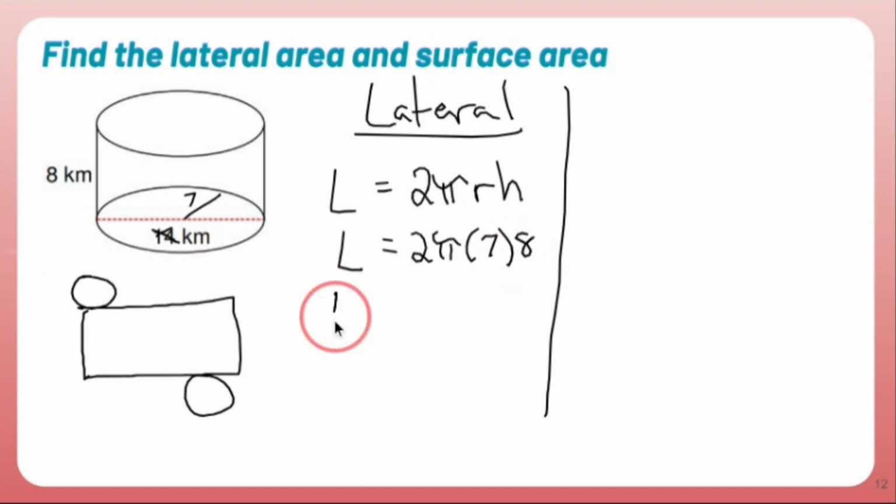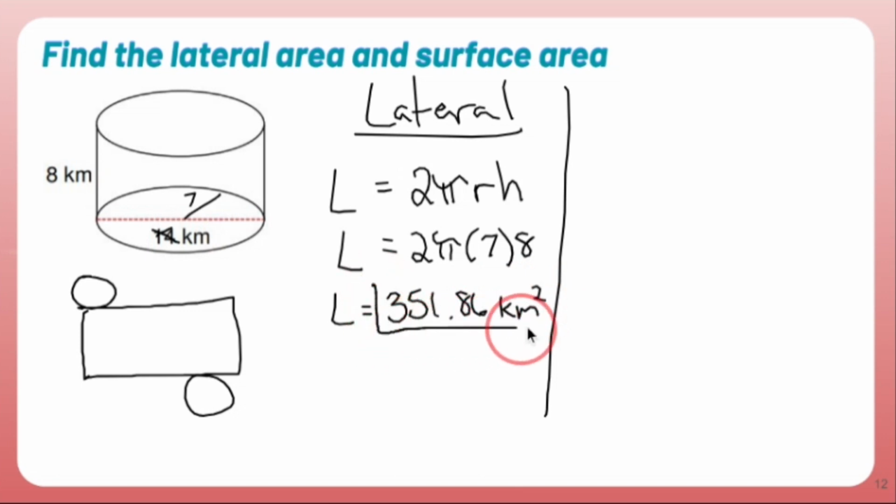So she said 351.8583, so I'll do 351.86 kilometers. This is area, so kilometers squared, that is my lateral area. So if I were to unravel this huge cylinder that is 7 kilometers in radius and 8 kilometers high, a very realistic shape, it would be pretty big.